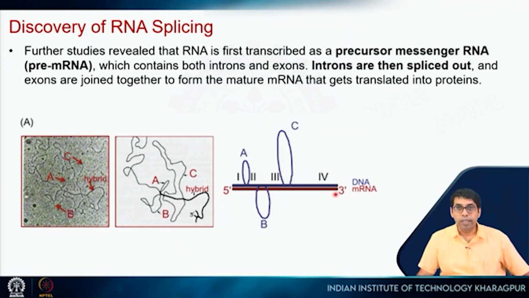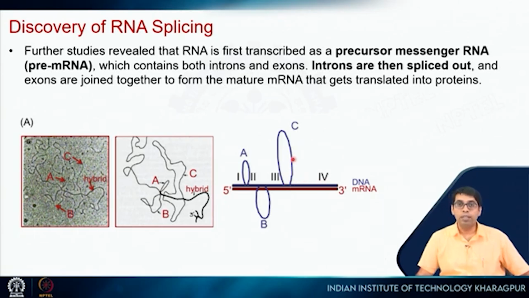So in red you have the messenger RNA, and in blue you have the DNA. The DNA codes for the same information which is transcribed into the messenger RNA, but when you hybridize them, you see that the DNA comes like this, then there is this big loop because there is nothing that matches it, and then it matches, so it forms a double strand, and then there is another loop, and then again it forms the complementary strand, then there is another loop, and so on and so forth.